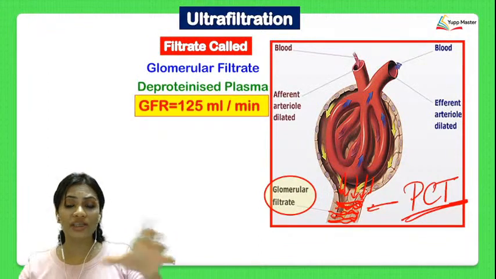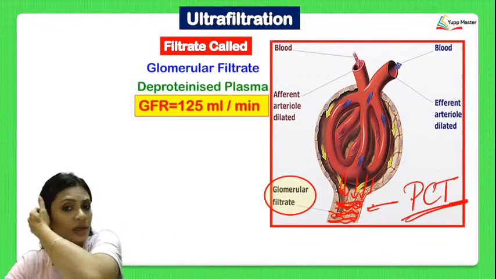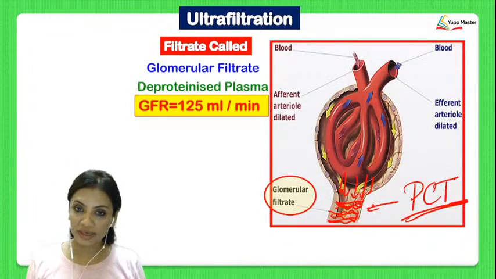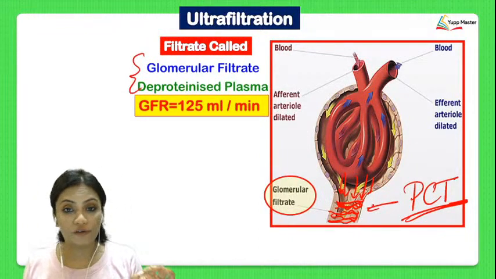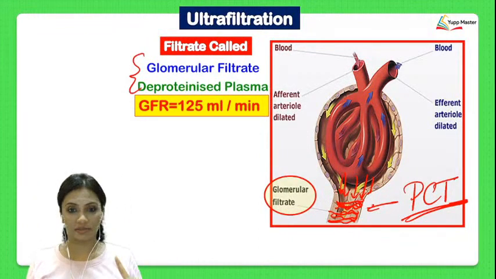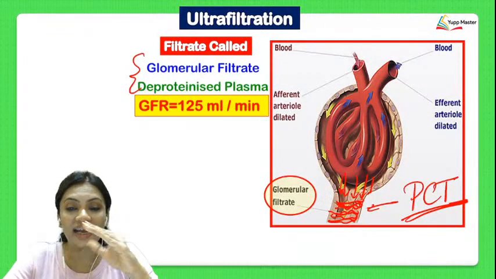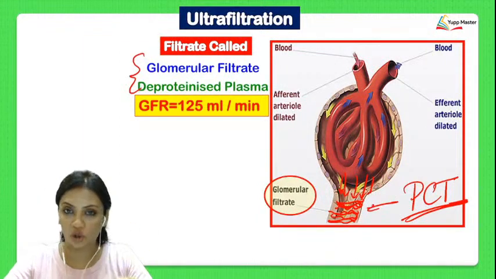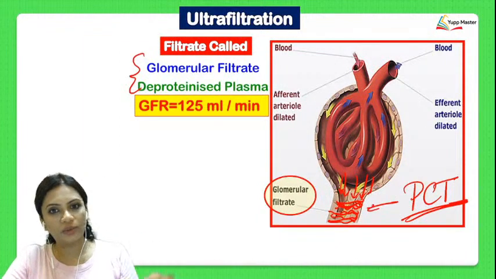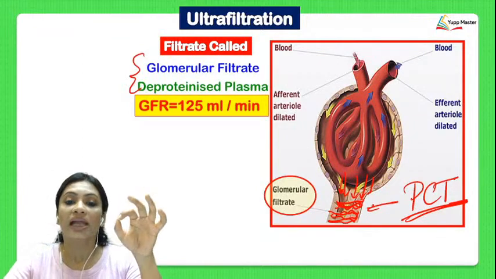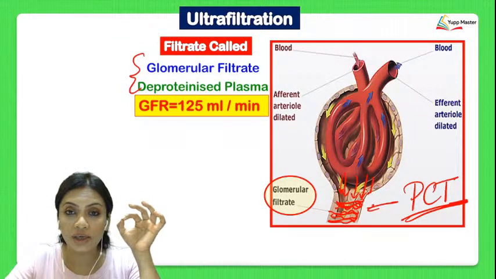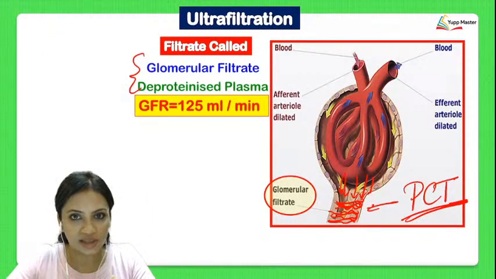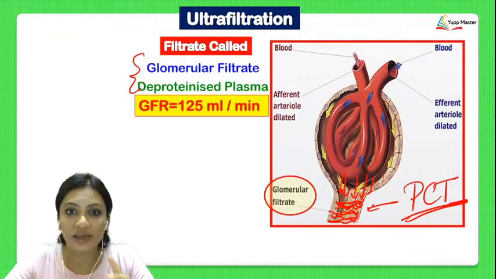Sometimes they may also use the word primary urine, but more commonly it is called glomerular filtrate or deproteinized plasma. Okay, now the rate at which it is being filtered, when I'm saying rate, I'm talking about time. The rate at which it's going to be filtered is 125 ml per minute, which means that in your nephron, as I told you a little while back, filtration is happening all the time.